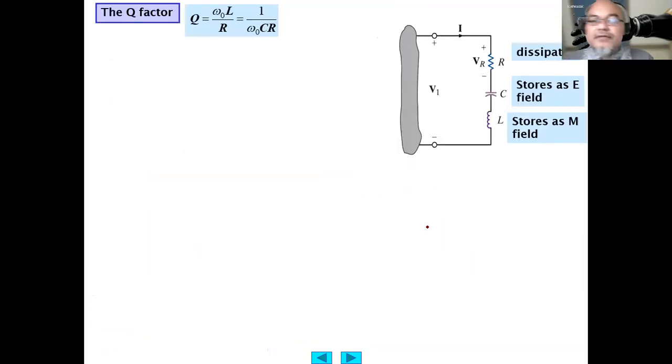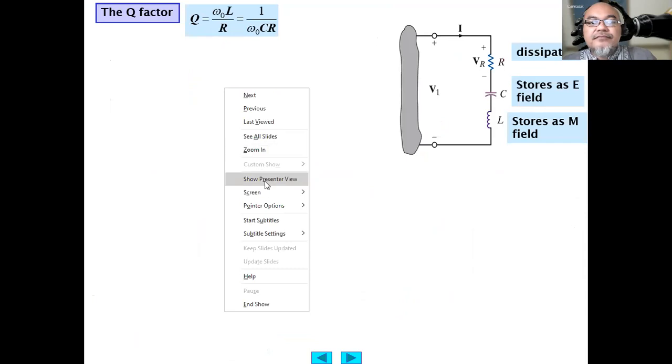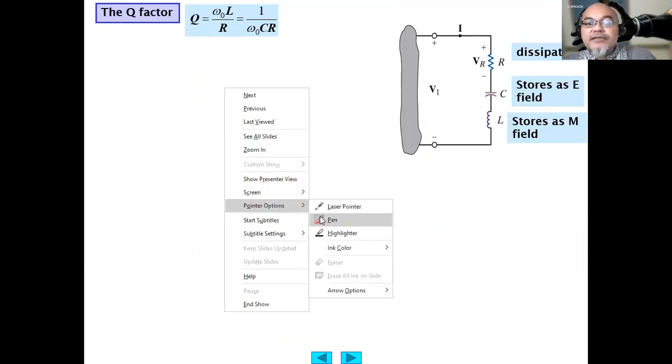Okay, now we are going to study the Q factor itself. We have learned the formula of quality factor, which is equal to omega 0 L divided by R, or equal to 1 over omega 0 CR.